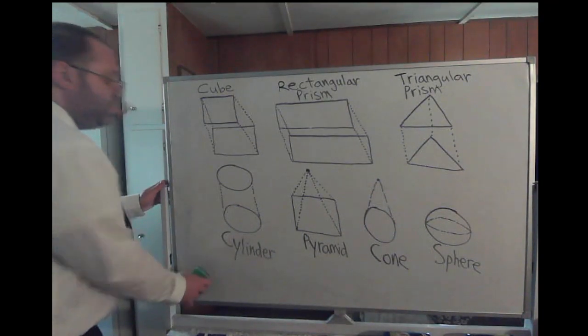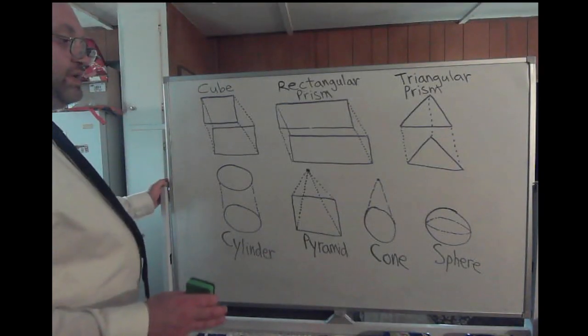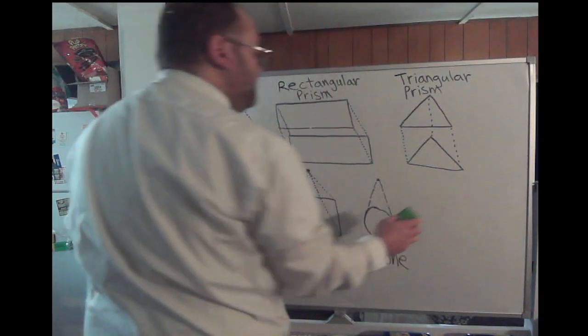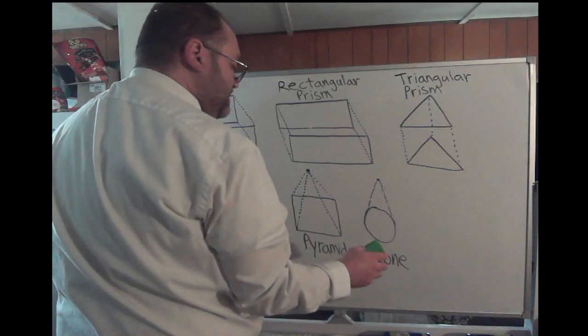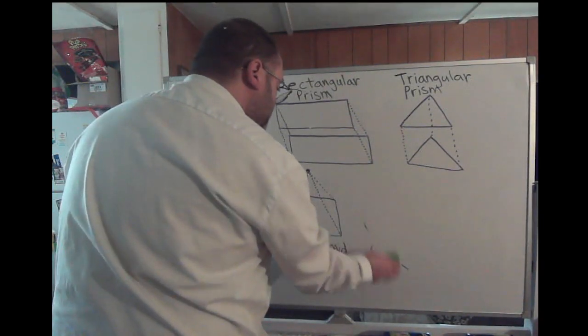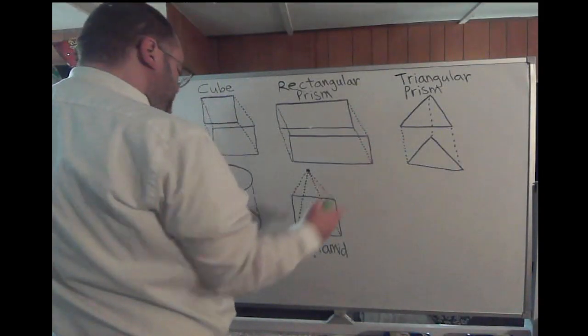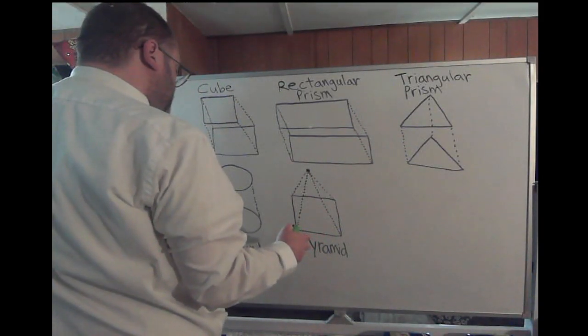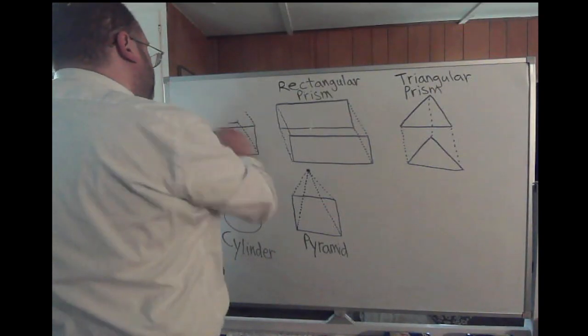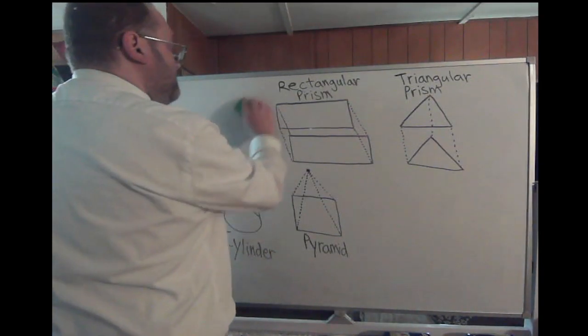Now what we're going to do is a little bit of labeling. We'll pick the pyramid, the prism, and the cylinder.